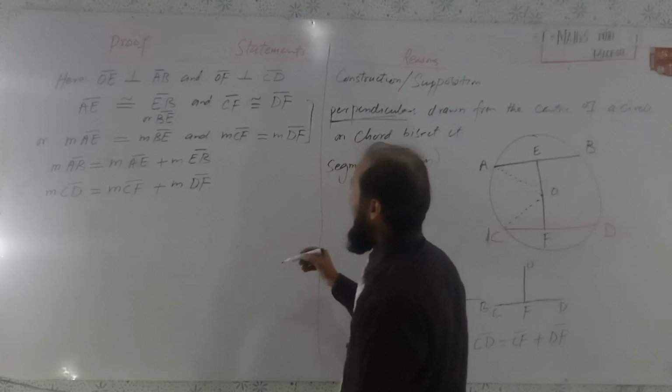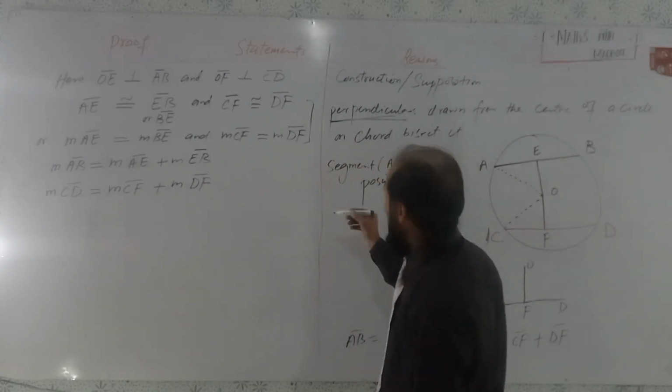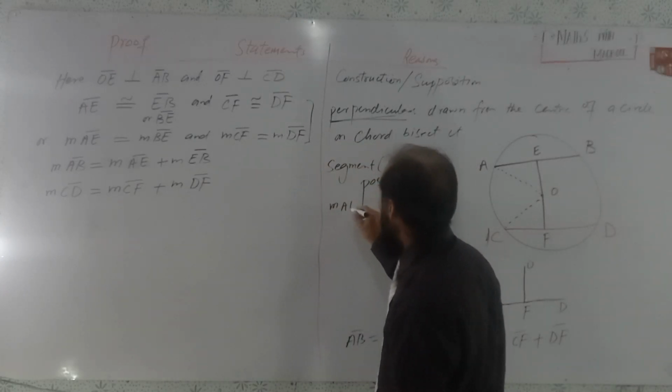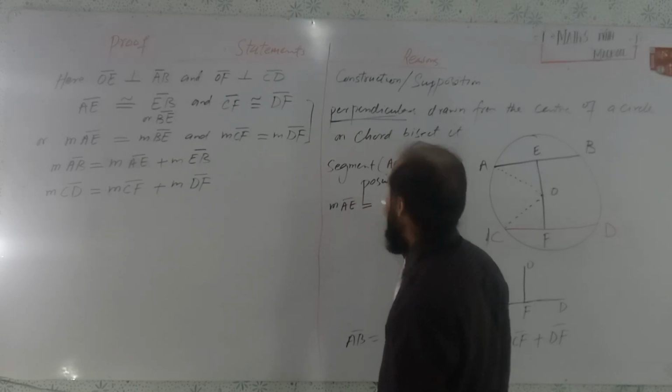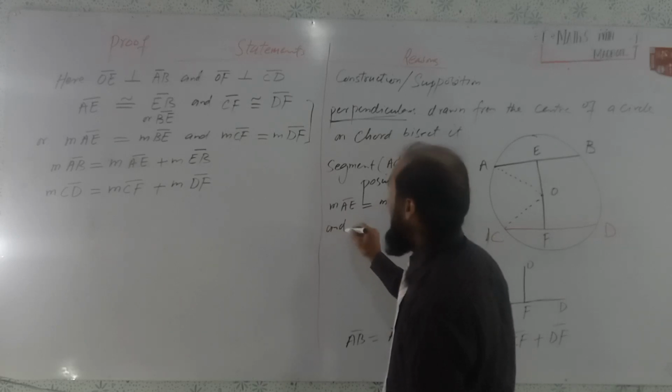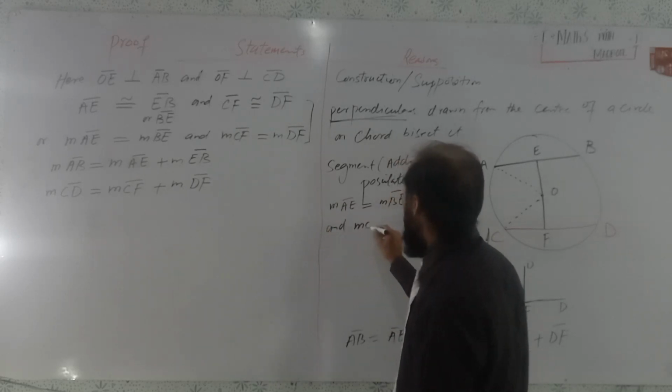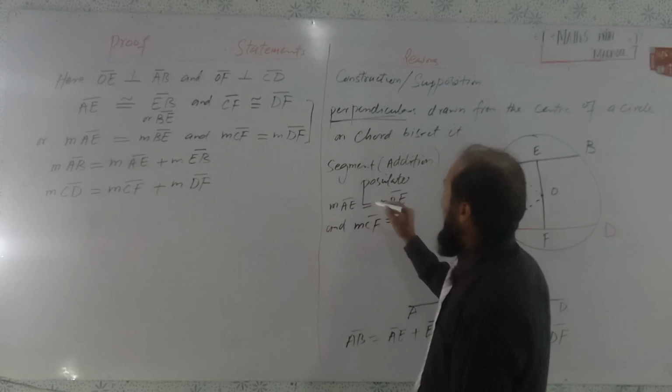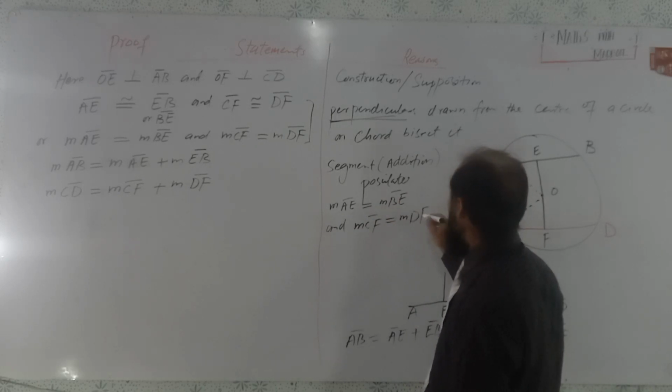Here we have already discussed that measurement AE is equal to measurement BE, and measurement CF is equal to measurement DF.